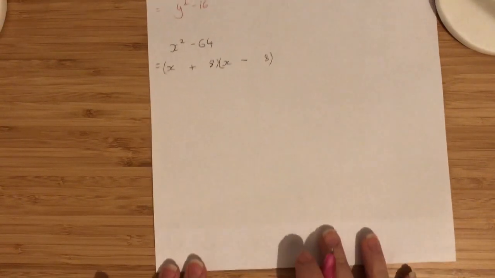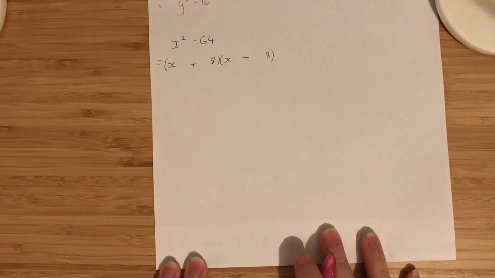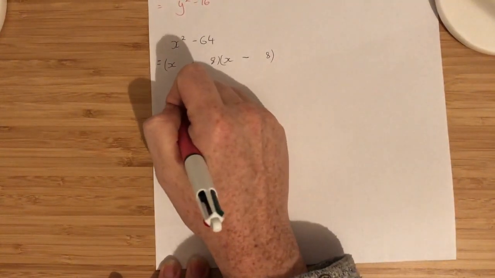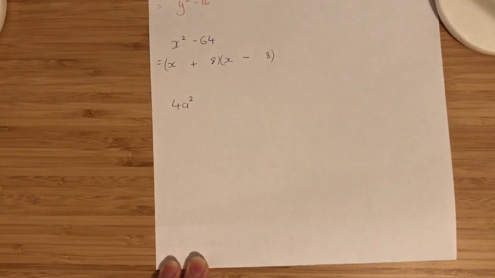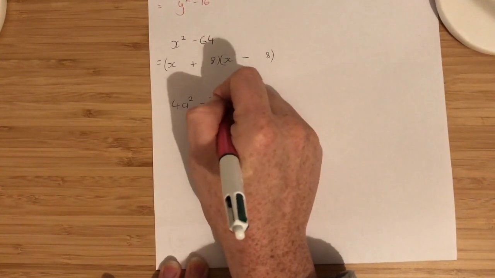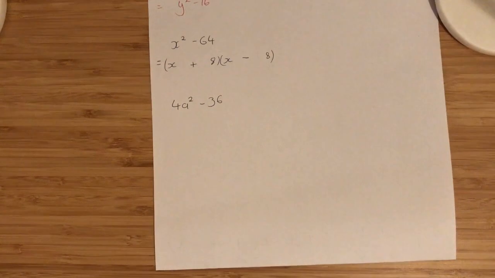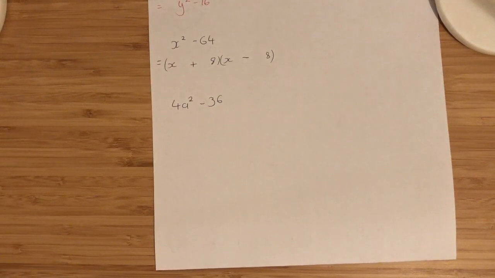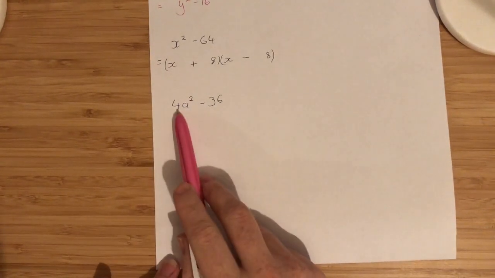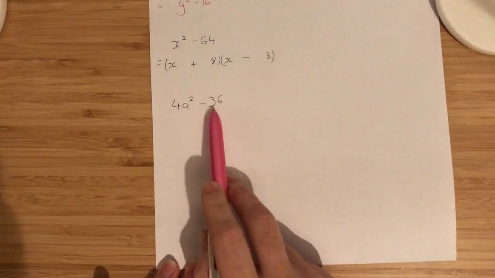Okay, let's try a slightly harder one because we're going to be looking at more than just difference of two squares. 4a squared minus 36. So the first thing you always ask when you're factorising is there a highest common factor? And in this case there is a highest common factor because 4 goes into 4a squared and goes into minus 36.